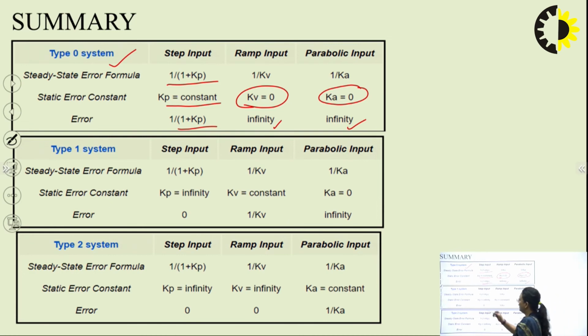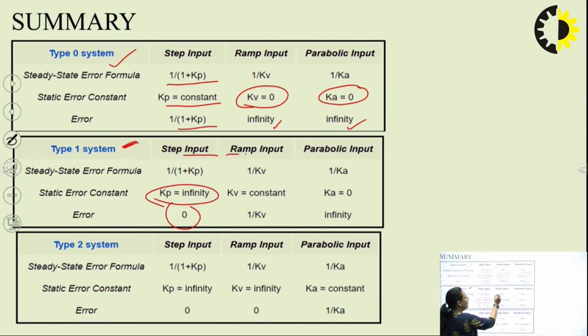infinite. And for type 1 system, when step input is applied, the value of Kp will be infinite and the corresponding steady state error will become 0. For ramp input, Kv will be some constant value, and the corresponding steady state error will be 1 upon Kv.